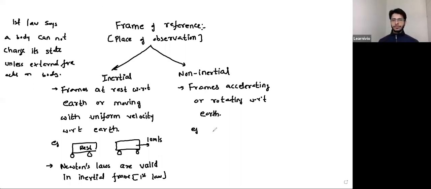For example, if I take a car and it's moving with a continuously increasing velocity, that means the car is accelerating. This is an example of a non-inertial frame. Or if you have a sphere which is rotating about its axis, it's again an example of a non-inertial frame. So these are non-inertial frames, an accelerating car or a rotating body.